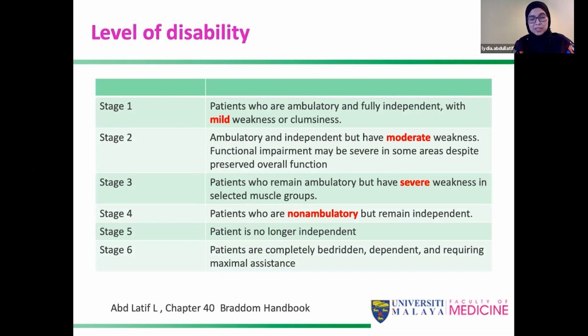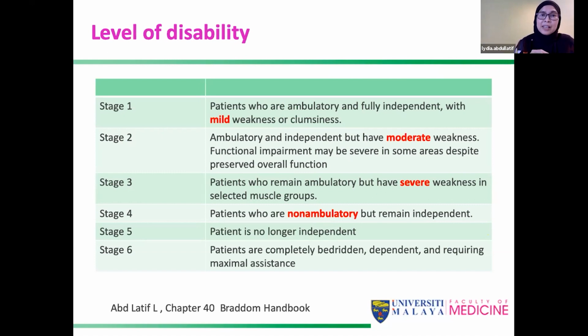Okay, so when we talk about stages of disease, we want to understand a little bit what is the stages of disability. There's actually 6 stages. Stage 1 until stage 6. Okay, stage 6 is the worst stage. So 1 to 3 is where the patient are still able to walk, or what we call ambulate, and if they are stage 4 and above, they are not able to ambulate.